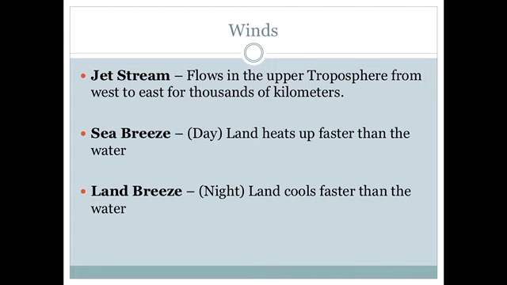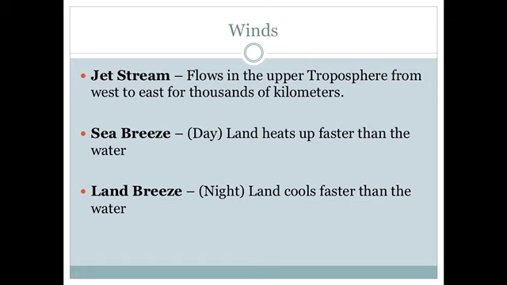Usually during that month, temperatures on land are anywhere between mid 70s to lower 80s. So we're talking 76 to about 83 degrees.